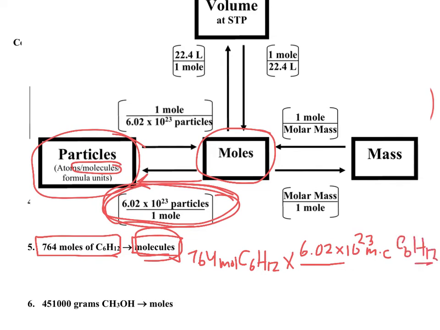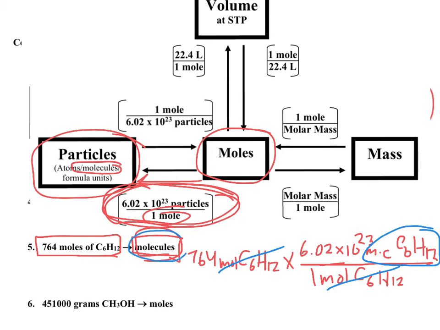And then on the bottom, the conversion factor says 1 mole of C6H12. Perfect. Now let's check our work. Moles of C6H12 in the numerator and denominator cancel out, so we're left with MC, molecules of C6H12. That's what we're trying to solve for, so our work looks good.